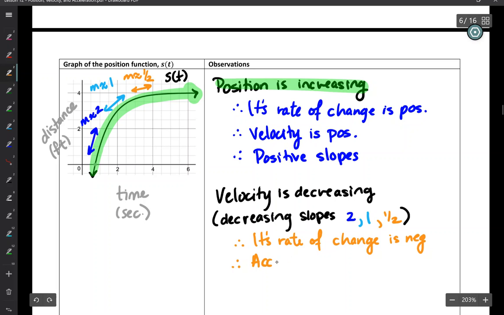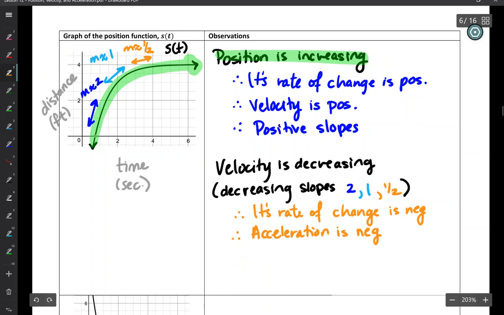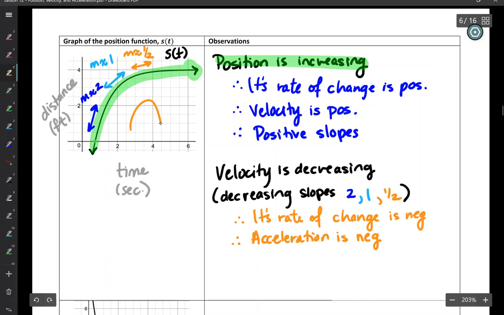So acceleration is negative. And you could have seen this geometrically. Notice that my position function is concave down. If water rained on it, it would slough off. My position is concave down.